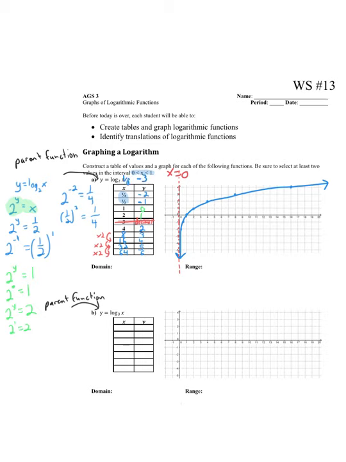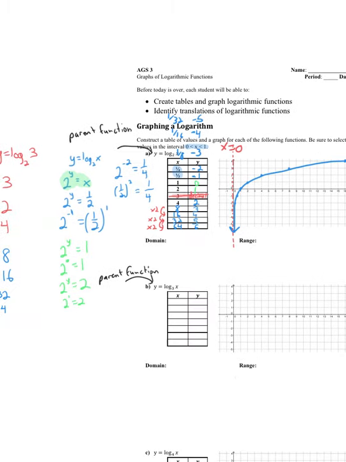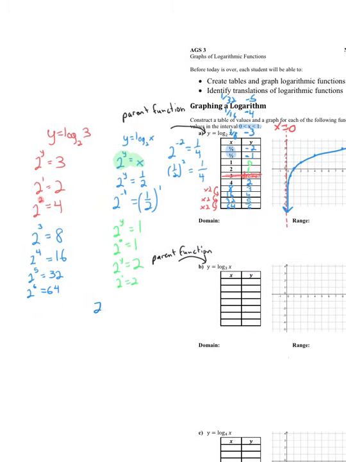Let's try y is -4, I'm going to get 1/16. Y is -5, I'm going to get 1/32. I'll get numbers closer and closer to 0, but I'll never actually get to 0 because there's a vertical asymptote there, which makes sense because the inverse equation was 2 to the x equals y.